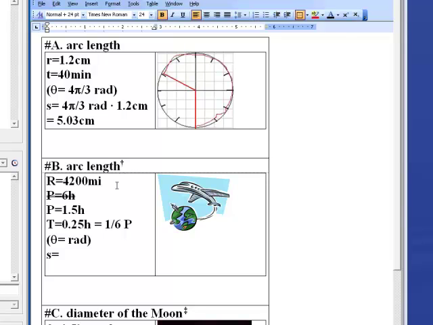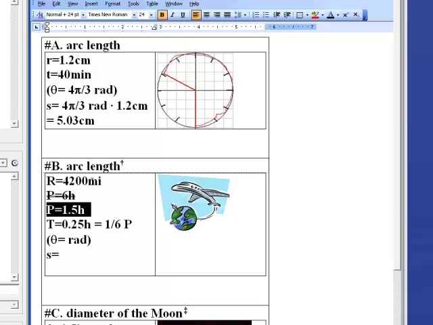I also teach astronomy, and it's just not true. At an altitude of 200 miles above the Earth's surface, the space shuttle is orbiting at 1.5 hours for each orbit, so for each 2 pi. I just know that as an astronomy instructor, and you can easily find that information on the internet.